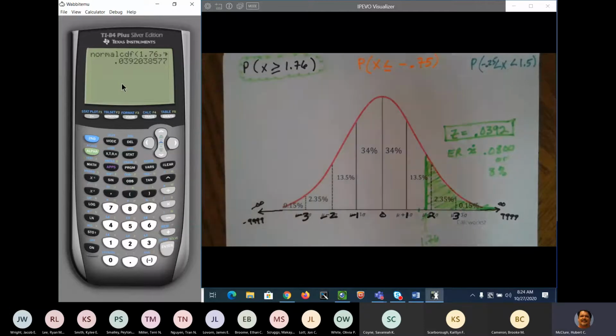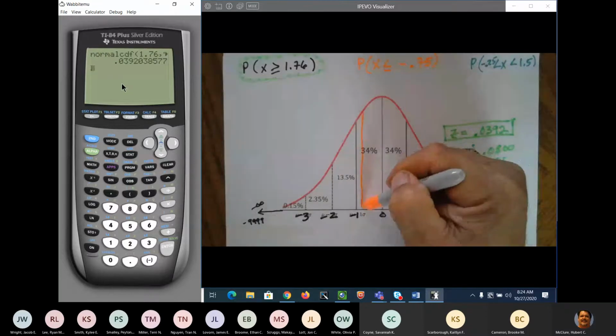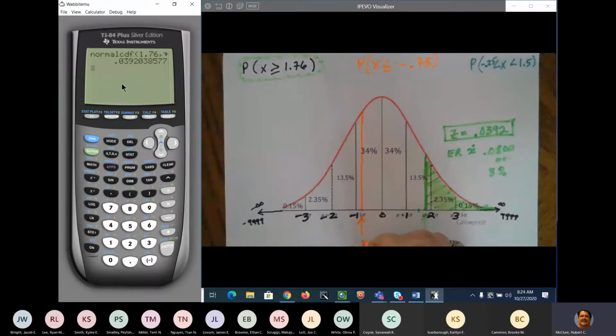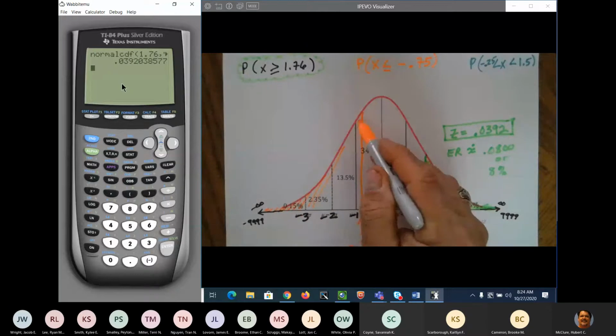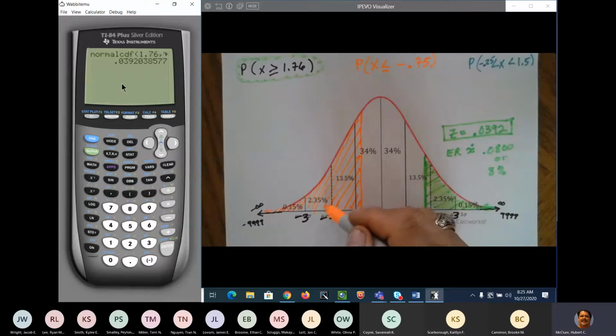Negative 0.75 is right in here. So they want this area right there.